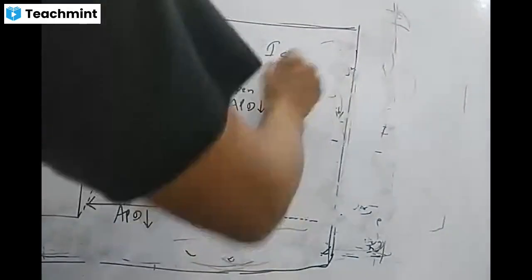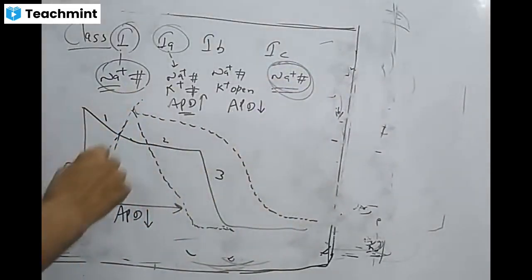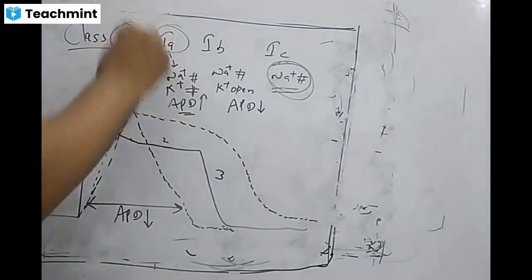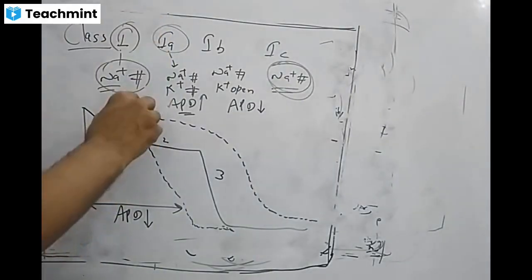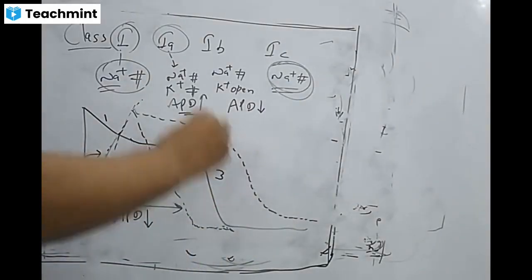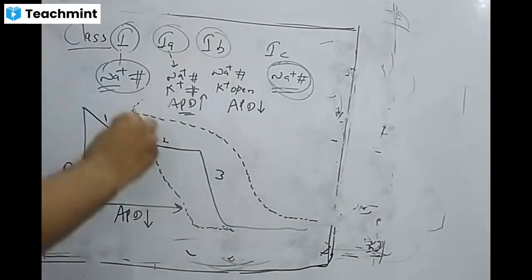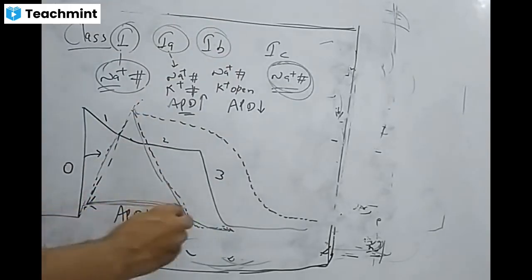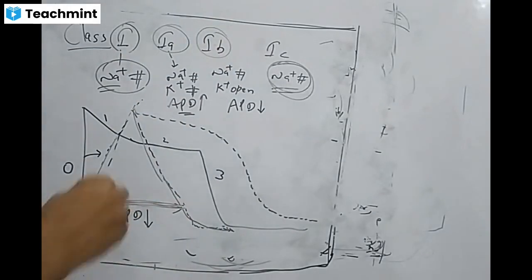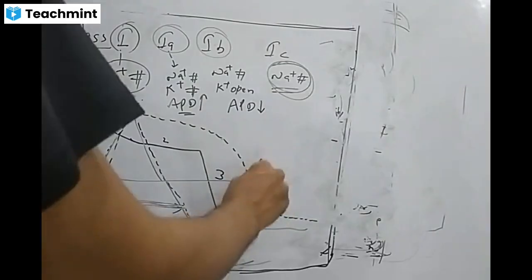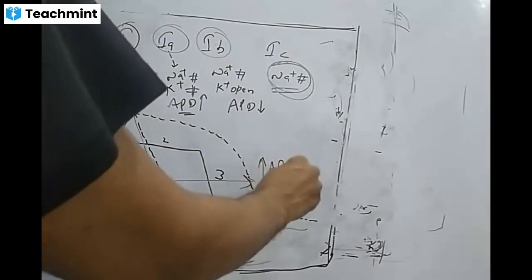Then 1C shows only this effect. So these are the three effects, where this is sodium, this is the 1A potassium blocking effect, and 1B, your potassium opener, decreases the action potential duration. But 1A will increase the action potential duration.